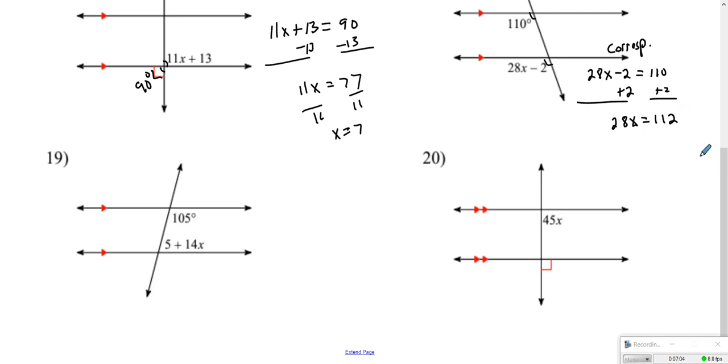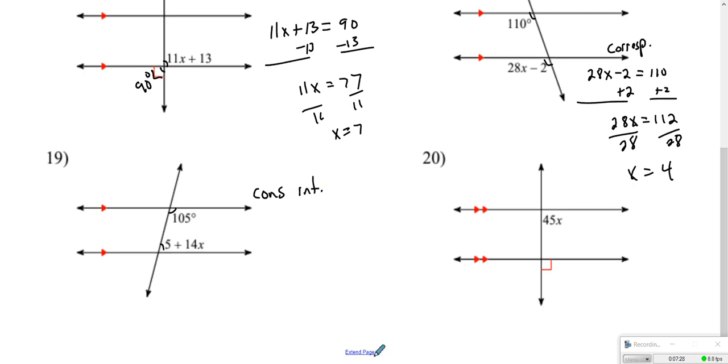So divide by 28. I think that's 4. X equals 112 divided by 28, which is 4. 4 times 28 is 112, yeah, that's right.